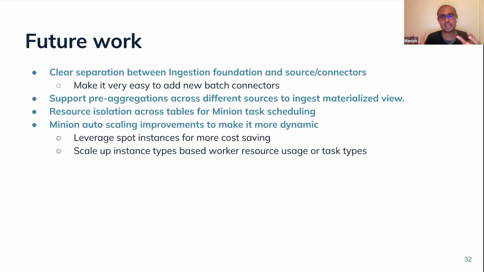So it takes an amount of time to add a new connector, say a MongoDB connector, because there's no clean separation between the foundations and the connector. So we're working on separating those foundations so that they can be leveraged, and adding a connector becomes really easy and faster, on the order of days, to move fast.